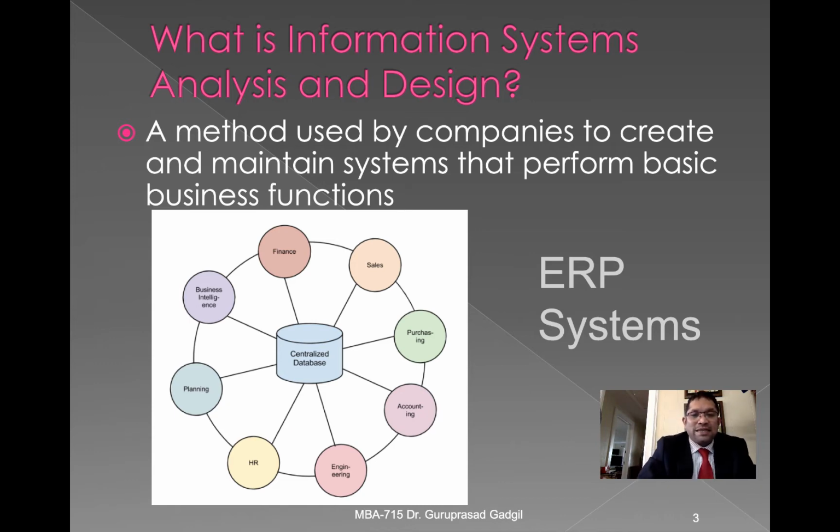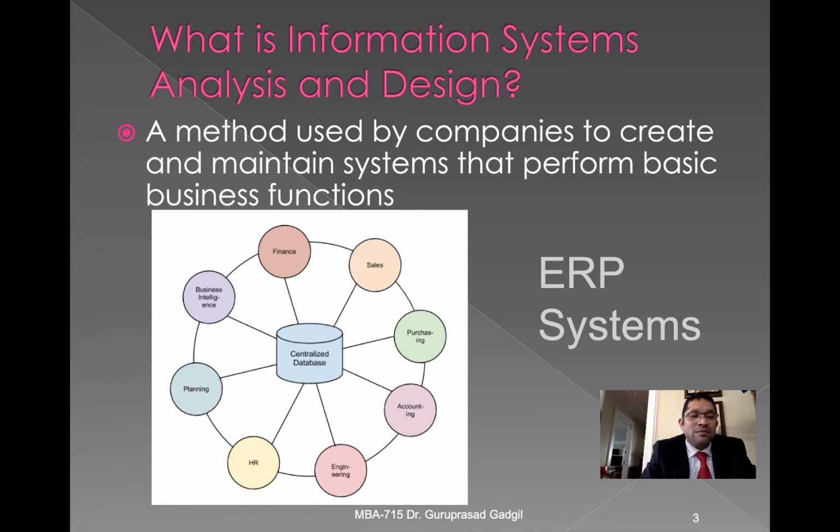Now let's take a look at this ERP system diagram over here. You can see there is a centralized database, which means all these different applications, all these different systems supporting those relevant business processes or business functions are connected to the centralized database. In an ERP system, or enterprise resource planning system, all the various applications, all the business processes, all the information systems that support those business functions are connected to the centralized database.